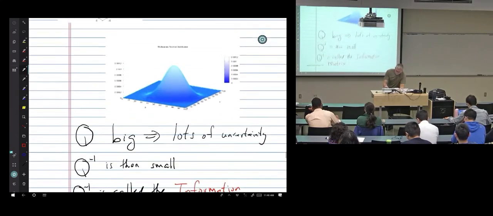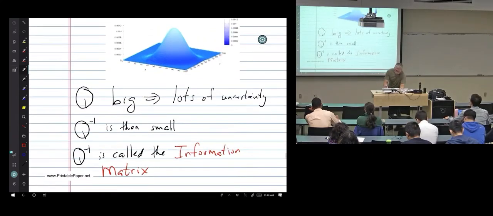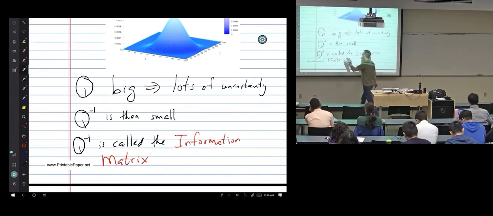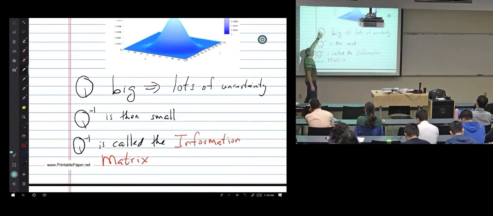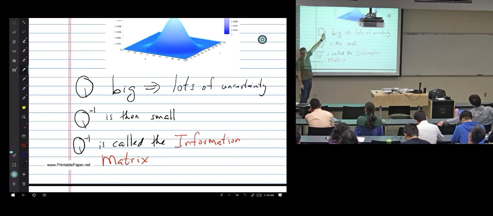We need to understand right now their physical interpretation. It's still true when this matrix has very large eigenvalues. The eigenvectors in those directions are highly uncertain, and the eigenvectors corresponding to the small eigenvalues, those are where you have good information.